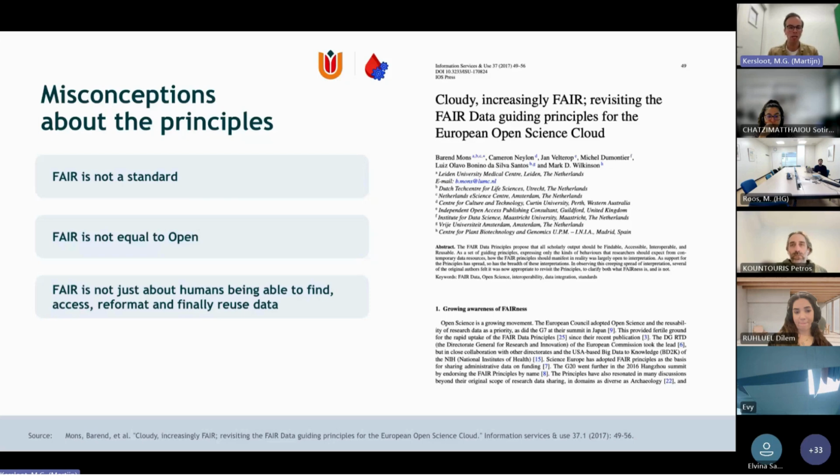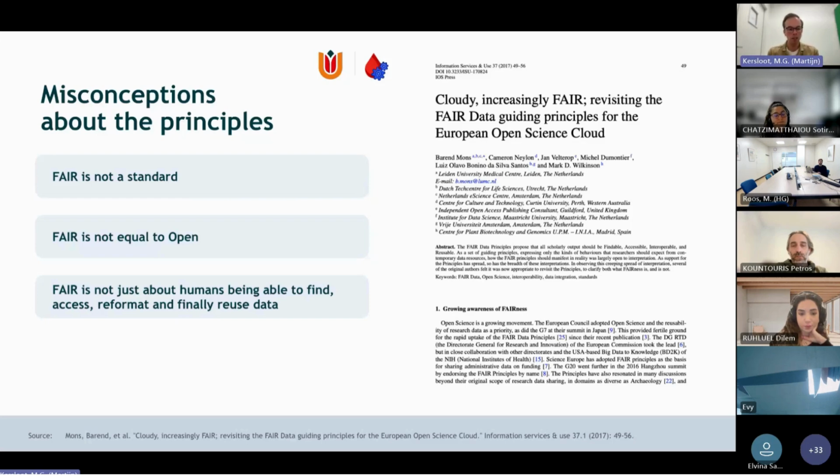So if you want to make your data more findable, more accessible, interoperable, and reusable for others, it doesn't mean that they have to access it over the web, that they have to publish it out in the open. It can also be that your data set is perfectly well described, but then it's only available upon request, or maybe not even upon request and only FAIR for yourself.